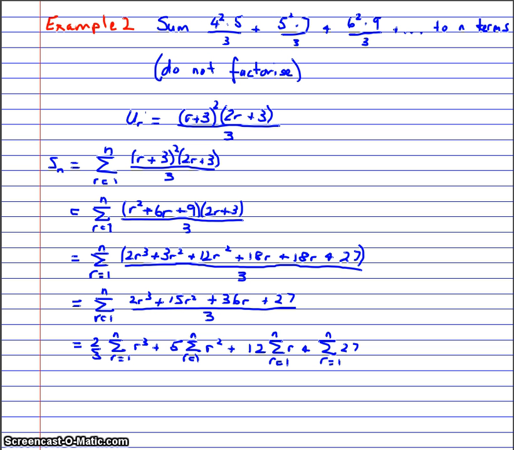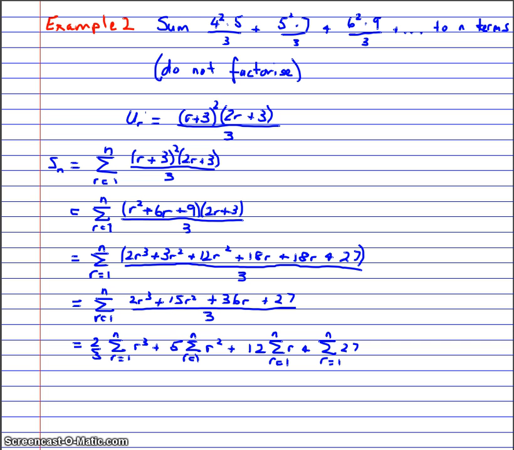So you can see that I've jumped in 3 lines here, and so this next line is the complete expansion. The third line is the complete expansion of those brackets, and then the fourth line is collecting those terms. In the last line, I've split it up, and I've taken out any constants at the front.